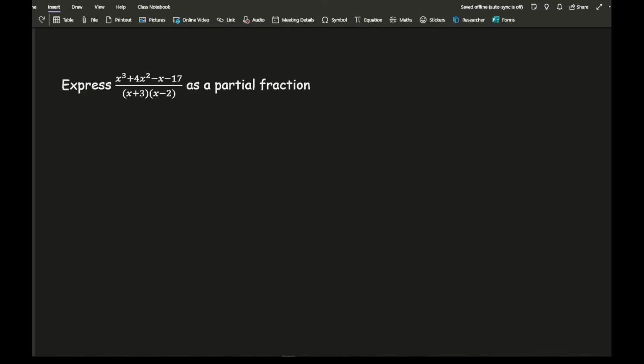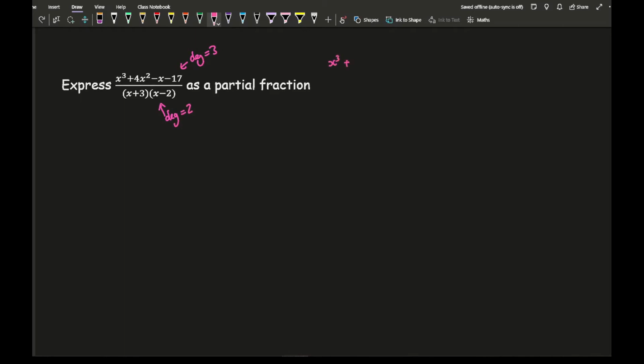So let's have a look at an example where the degree of x is different. Looking at this particular question, we've got a degree of x as 3 at the top, and a degree of x as 2 at the bottom. So I'll quickly write this out here: 4x squared minus x minus 17 over x plus 3, x minus 2.